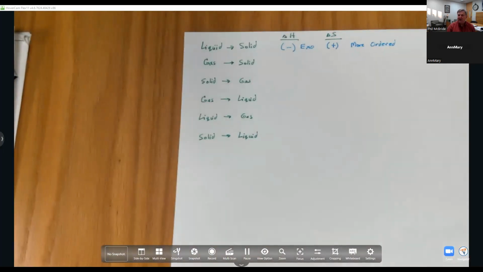All right, what happens? You go from a gas to a solid. You losing energy or gaining energy? Gas to a solid. Would gas be losing energy?